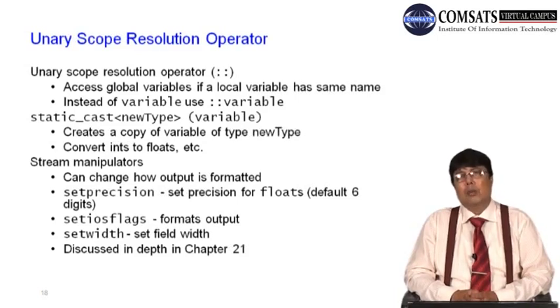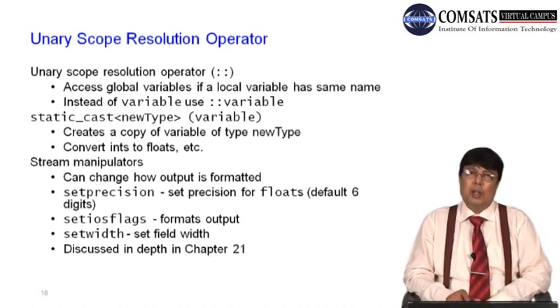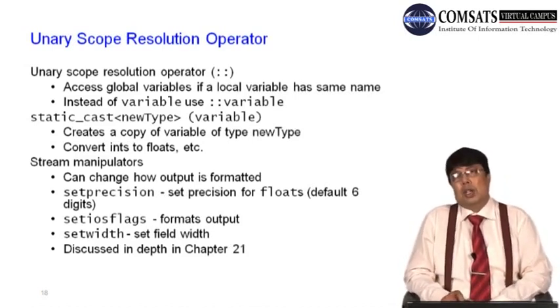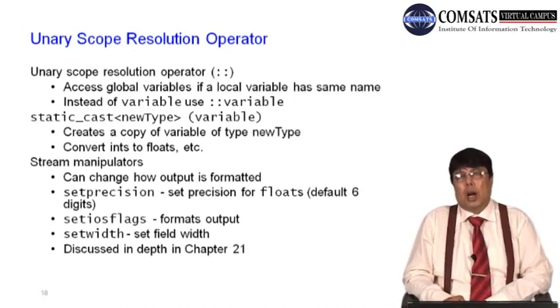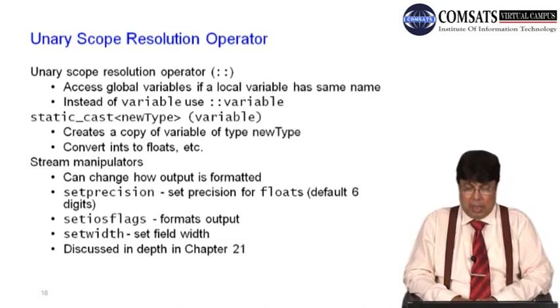Suppose we define a counter outside the main program, it is automatically considered a global variable. We can also define a counter in one particular function. If you define a counter in one particular function, then the counter variable defined within that function is available to that function, and you cannot automatically use the counter that is defined as a global variable.